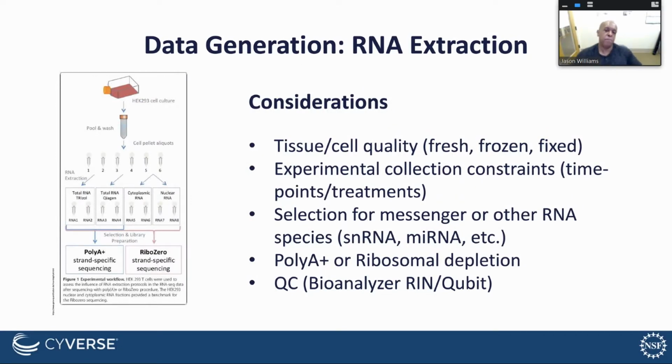Other things before we go into actually doing stuff that you will think about are your RNA extraction and how you prepare your library. All of those things matter. They're fairly well written, so I'm not going to spend time on this.